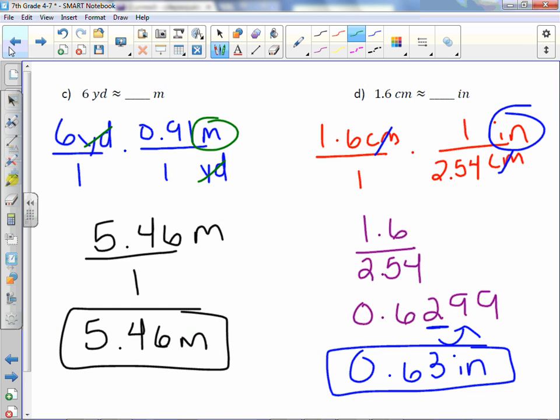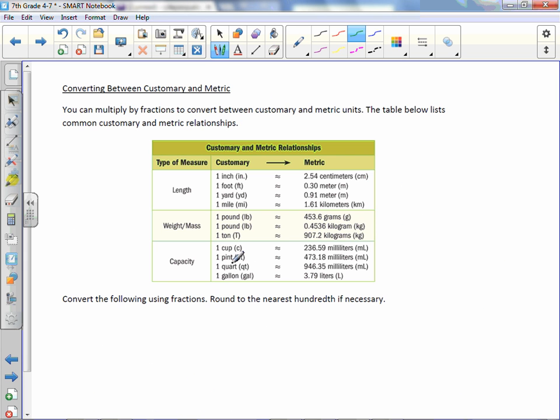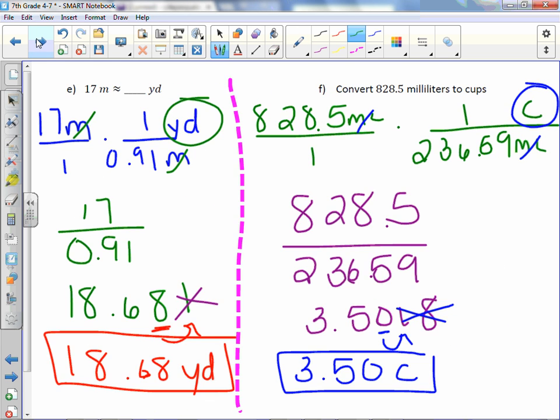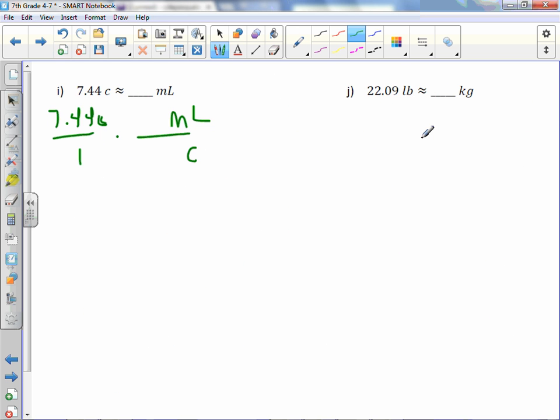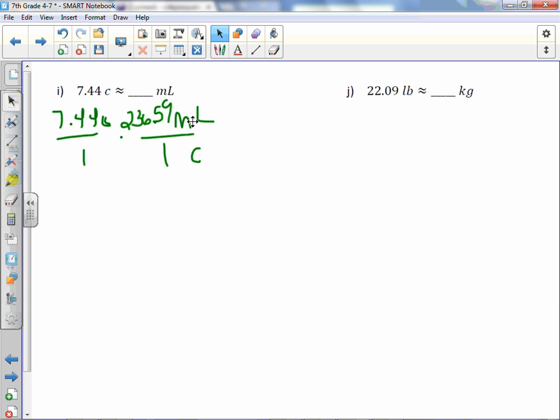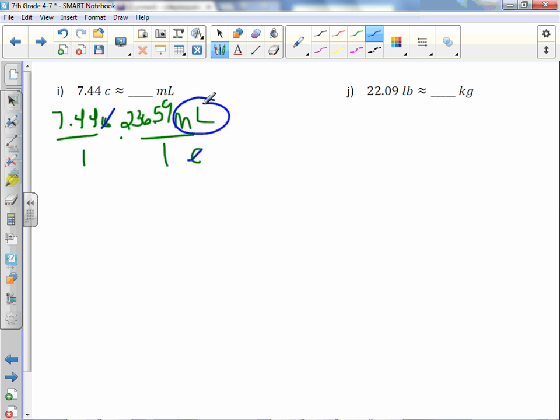So we need cups and milliliters. 1 cup is approximately 236.59 milliliters. So 1 cup and 236.59. Okay, your cups cancel out, leaving you with milliliters.